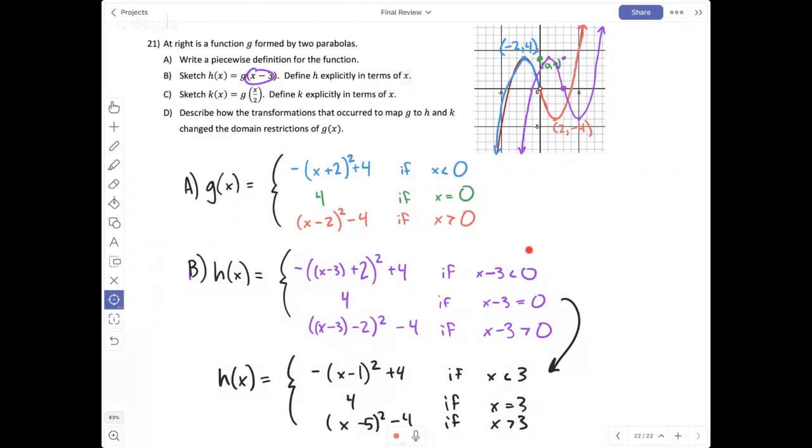And I think this in particular is really effective for thinking about what happens when we do g of x minus 3. Look at these x values. These are when we plug in x minus 3 in this domain restriction, x minus 3 less than 0 is the same as x less than 3.